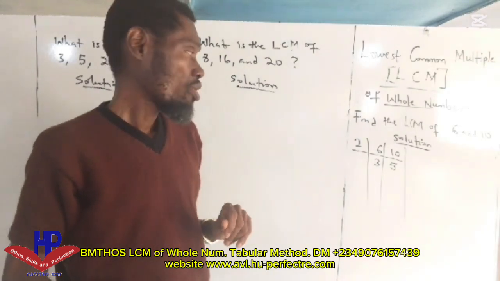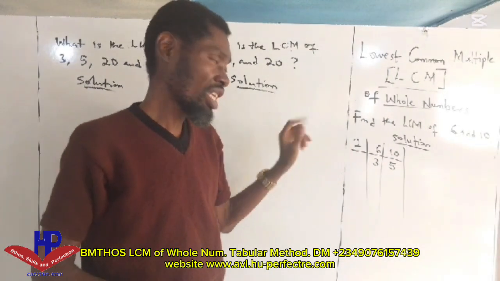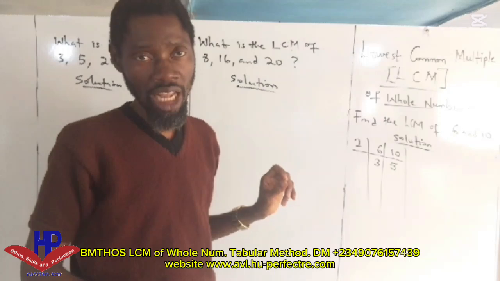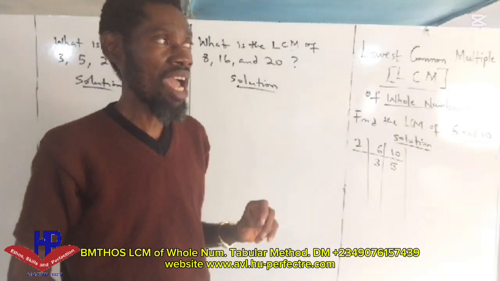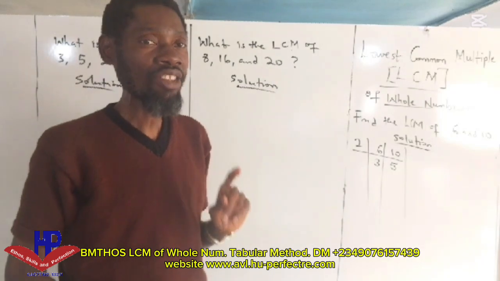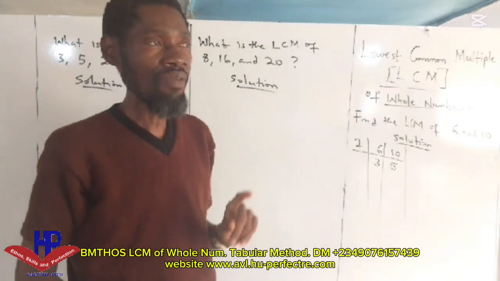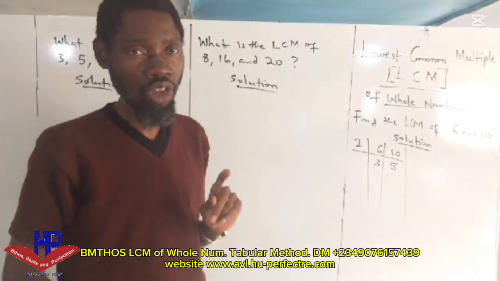For HCF, we stop at 2 and we said 2 is our answer. We did not go further. But for LCM, you must go further until you arrive at 1 as the last number.